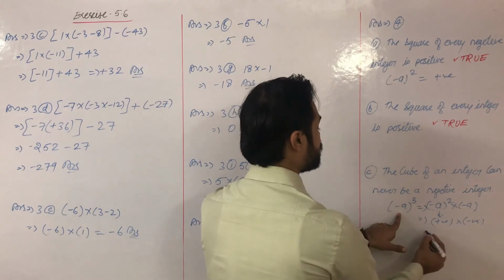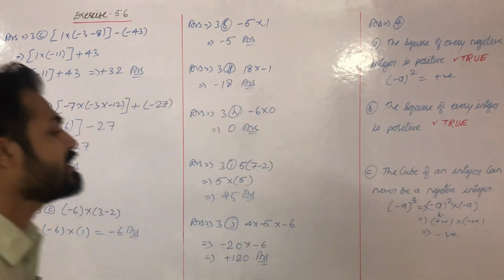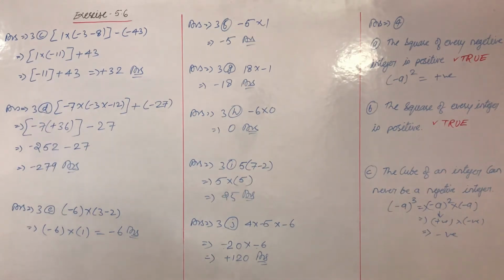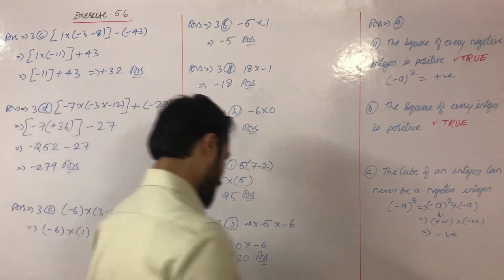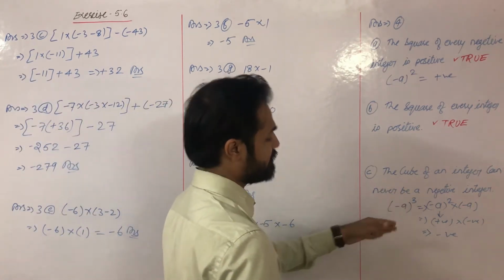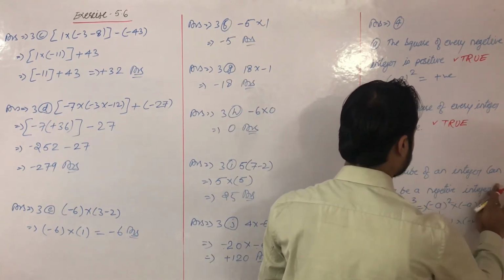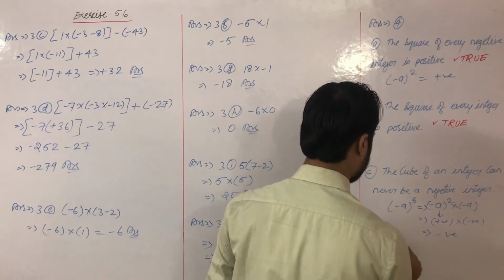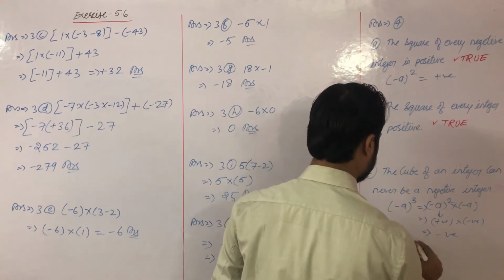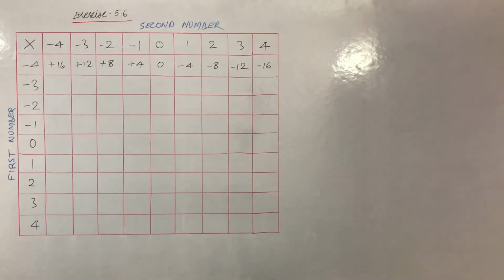So negative multiplied by positive will be a negative integer. So in case of negative integers, the cube will always be a negative integer. So the statement, the cube of an integer can never be a negative integer, is false. F, or we can write false statement.